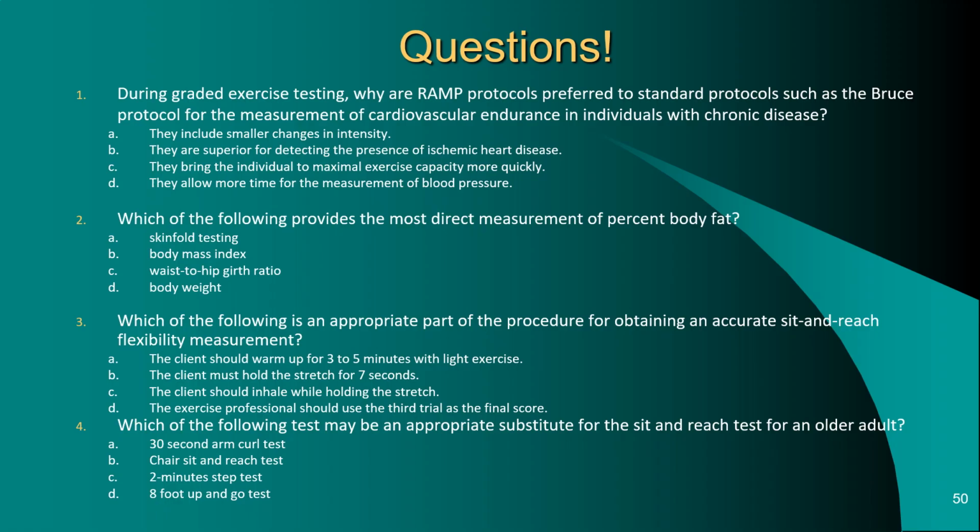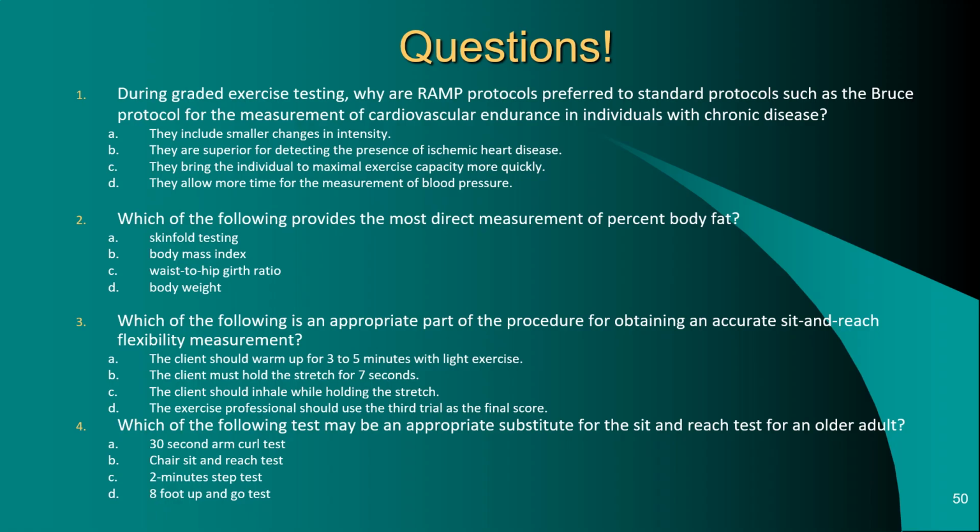Is it because they bring the individual to maximal exercise capacity more quickly? Is it because they allow more time for the measurement of blood pressure? Right? So if you were thinking A, they include smaller changes in intensity, you would be correct. And again, there are various variations of ramp protocols that may be better suited for individuals with chronic disease. So if you have the equipment available, you could modify some of the Bruce protocol to be doable for those with chronic disease.